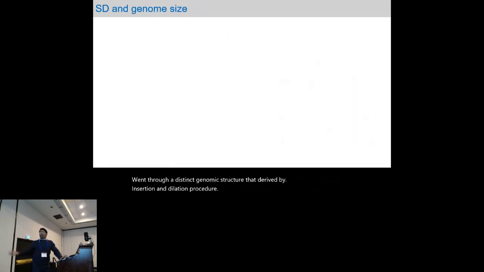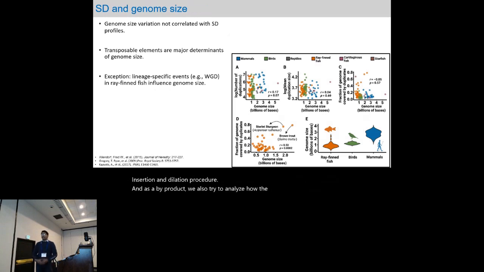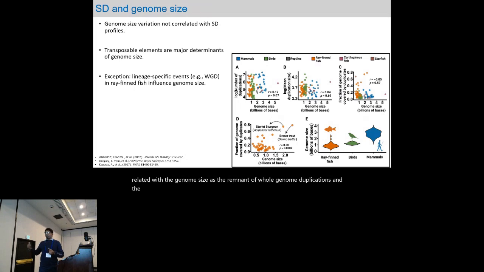And as a byproduct, we also tried to analyze how the segmental duplications are related to the genome size, as the remnant of whole genome duplications and the localized segmental duplications may have influence in driving the genome size across species. So we tried to correlate the number of duplications and the size of the duplications with the genome size.